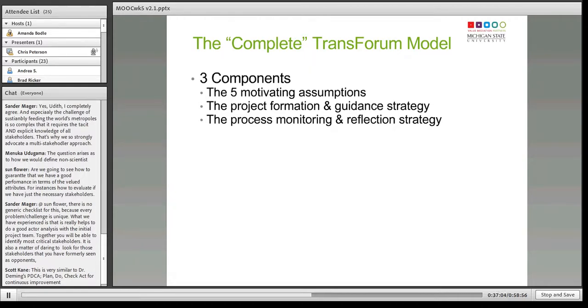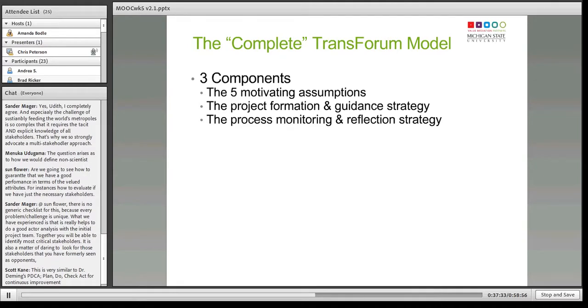Along with those 5 assumptions, there were these 2 critical strategies about how the projects got formed and guided, and how monitoring and reflection actually happened within the projects. And it is the sum of these 3 components that really comes to define the Transforum model.